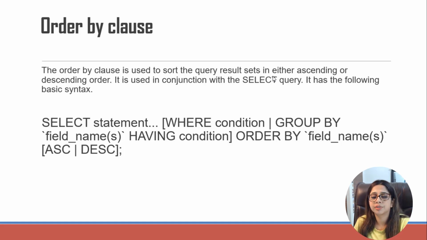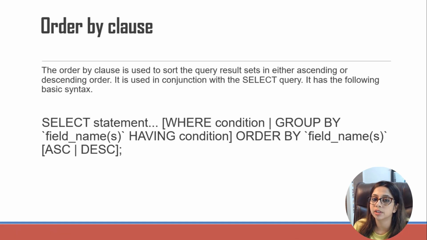So sorting is very helpful, and that's done by the order by clause. We'll learn how to do it. So you can see this looks very complex because there are so many things written here, but this is the syntax of the select query. You have to remember that with the select query, you first apply the where clause if you want to apply any conditions.